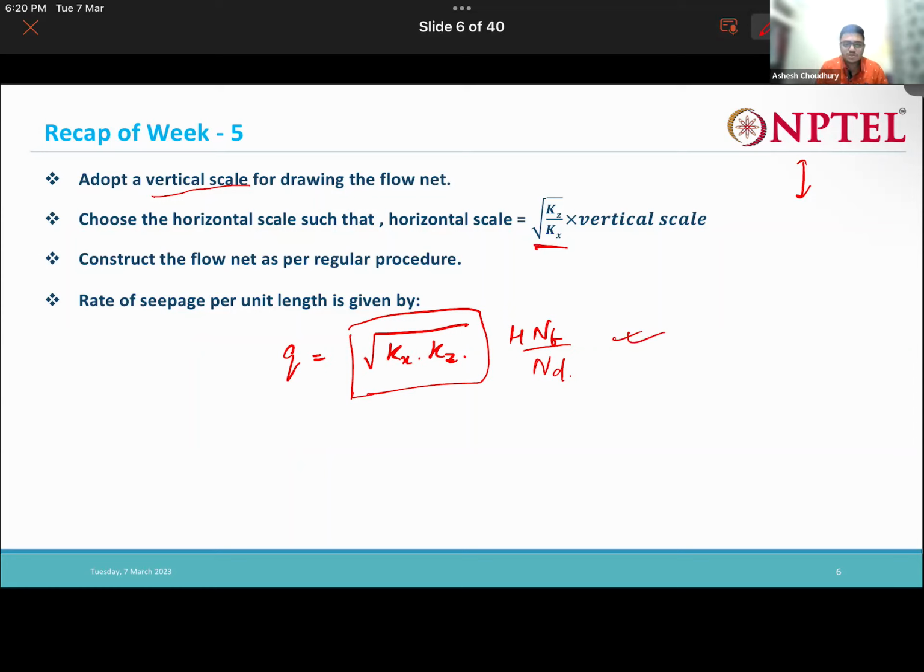In place of k we have an equivalent k, that is equal to root over kx into kz. So this equation will give us the flow in anisotropic soil.